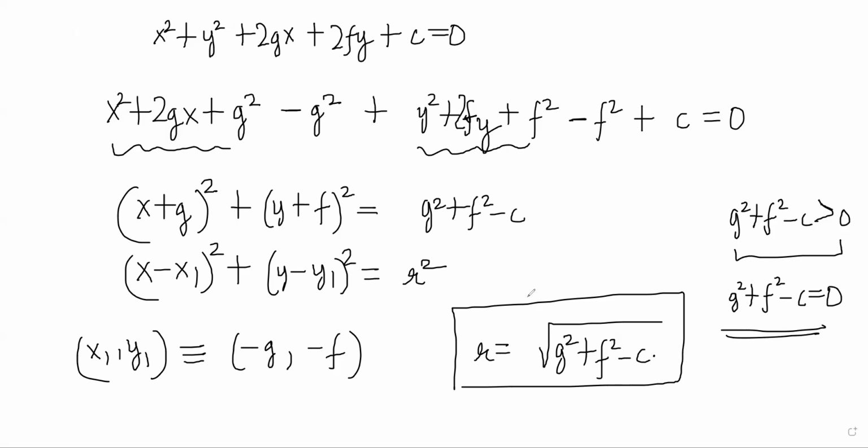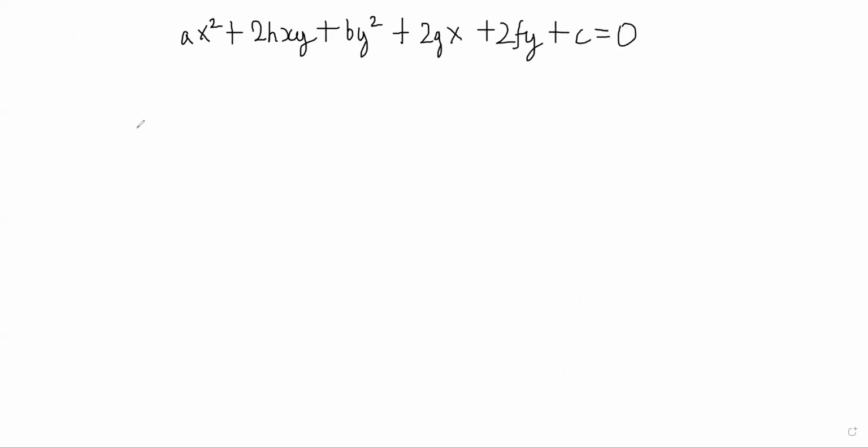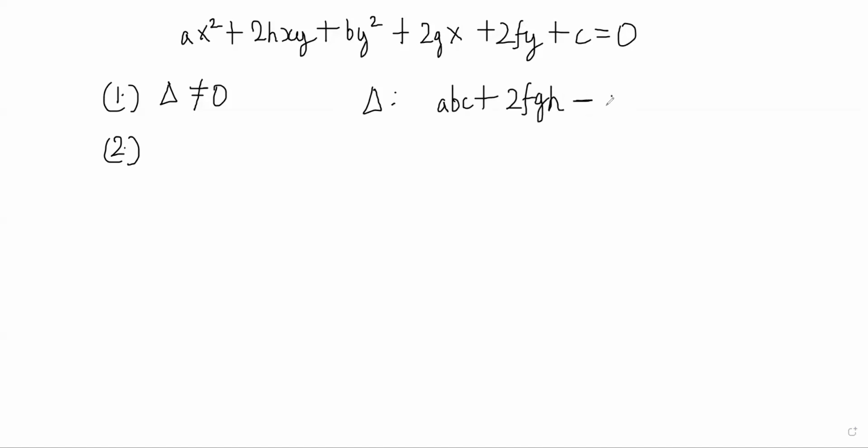So finally what we can say is the standard equation ax square plus 2hxy plus by square plus 2gx plus 2fy plus c equals 0 represents a circle if del is not equal to 0, and del, as we have discussed earlier, is abc plus 2fgh minus af square minus bg square minus ch square, right?